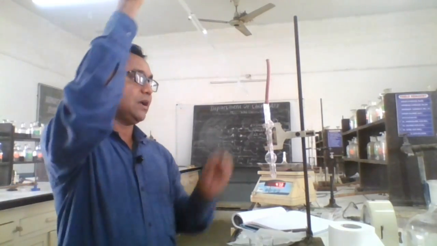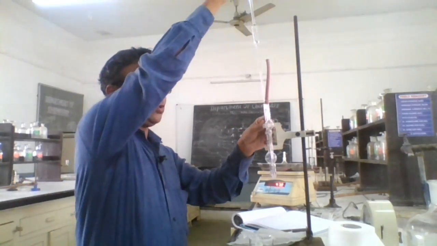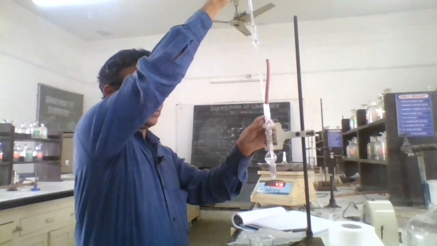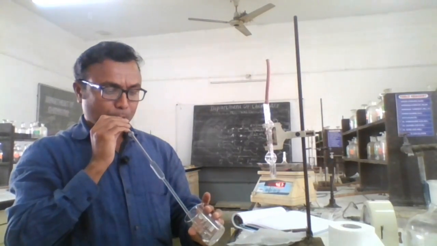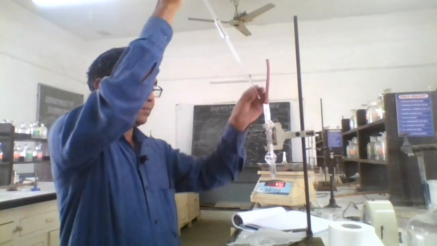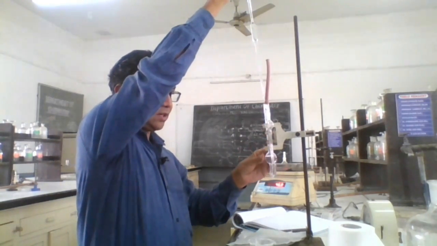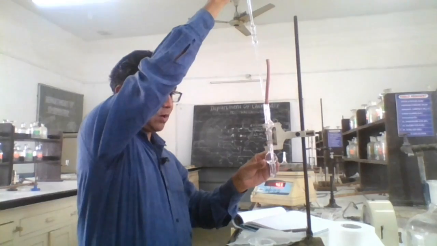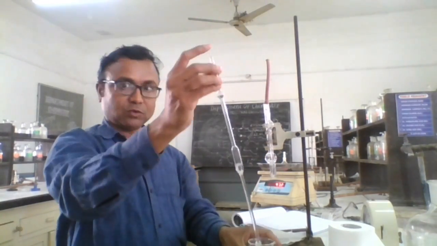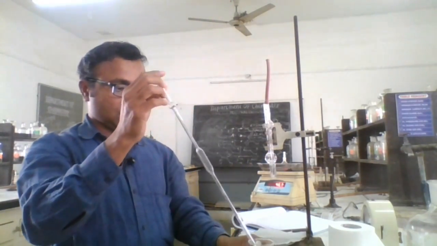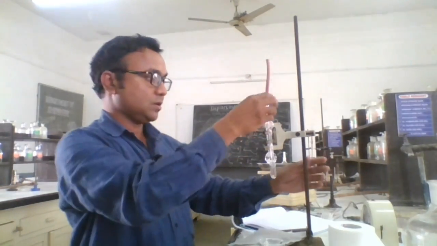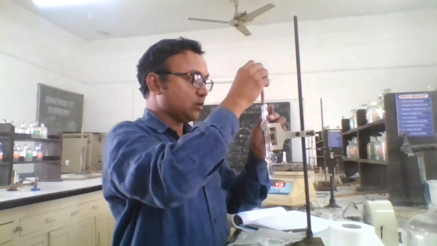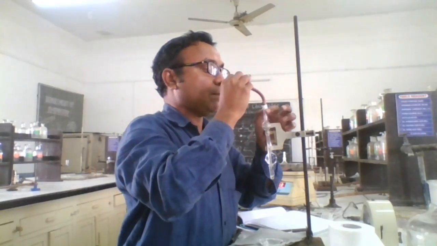Just pipette out and fill from the other side of this tube. You should fill the water so that the lower bulb is completely filled. Once it is completely filled, you should suck it through the rubber tube up to this upper mark.